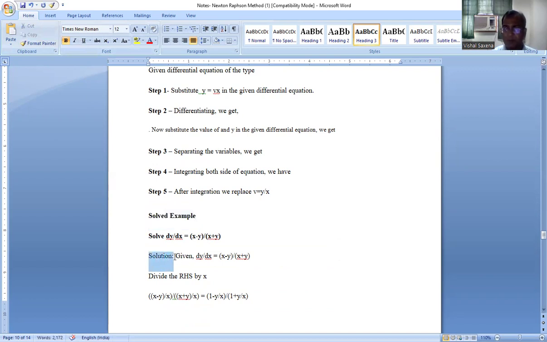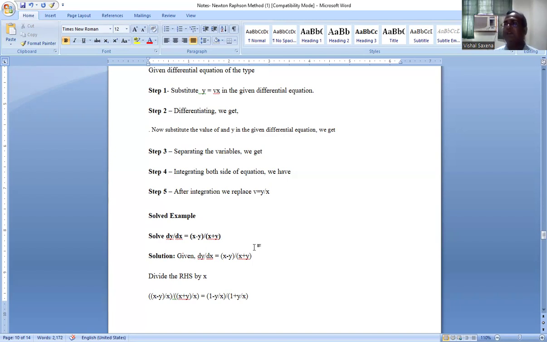So look at this one here. What equation is given? We are given the equation dy by dx is equal to x minus y upon x plus y. We can observe that this equation is surely a homogeneous differential equation, because, as I have explained already, in the right hand side term there is a homogeneous function in the numerator as well as in the denominator.